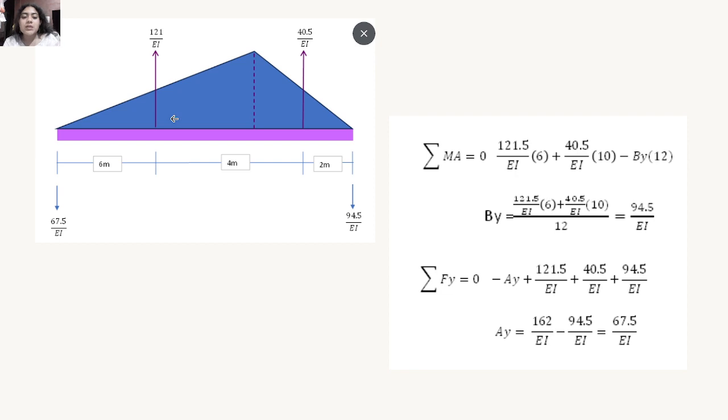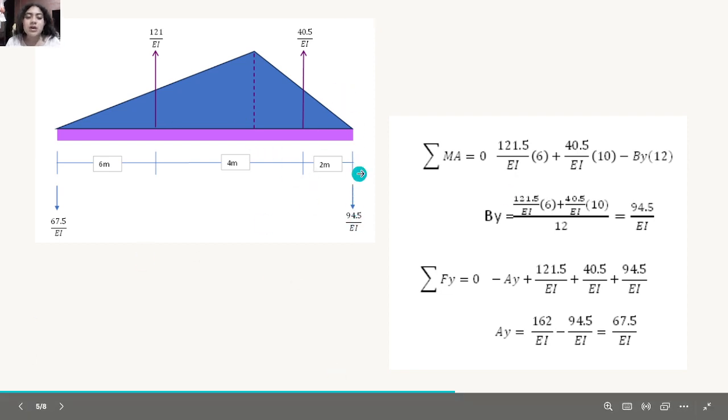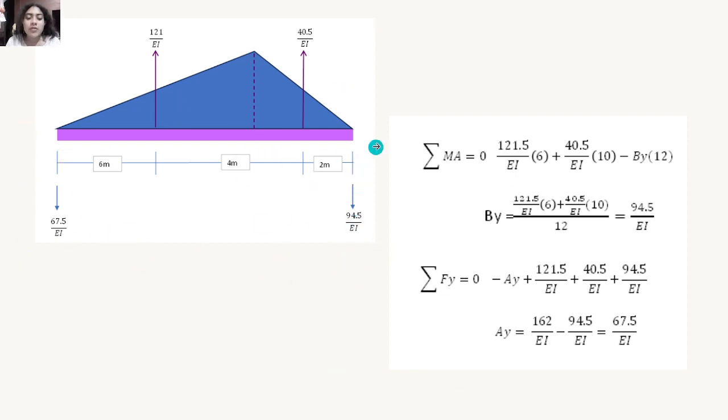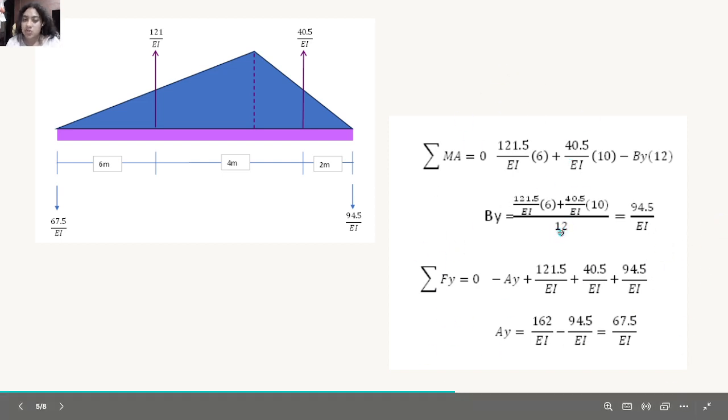And then I put my force, this force or that force, and search with a summation of forces.